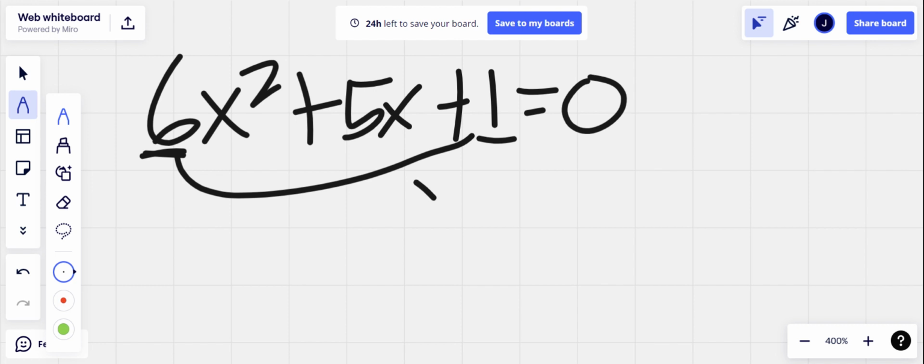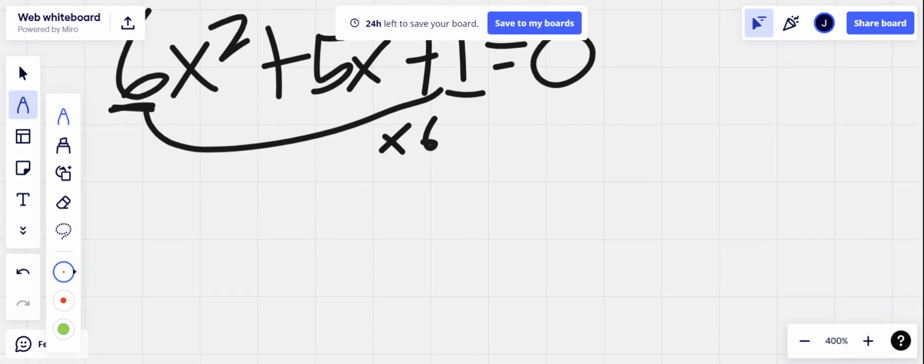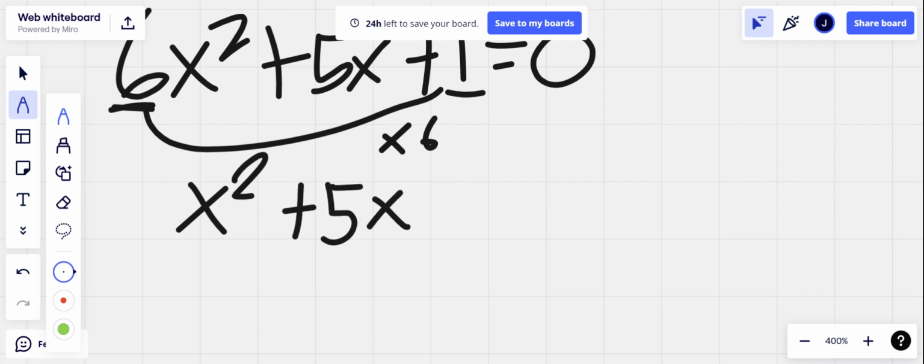So I'm going to multiply by 6, and I end up with a positive 6. Now after I do that, I'm not going to write the 6 again when I rewrite this. I'm going to say x squared plus 5x plus 6 now that I have multiplied it, and we can set it equal to 0.